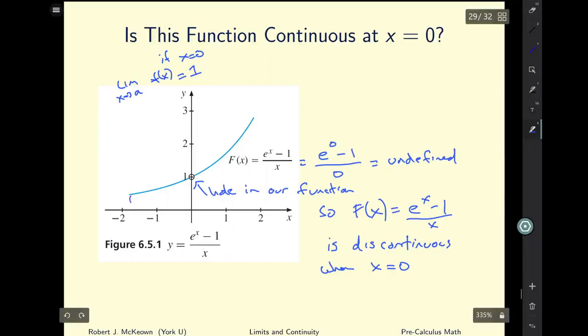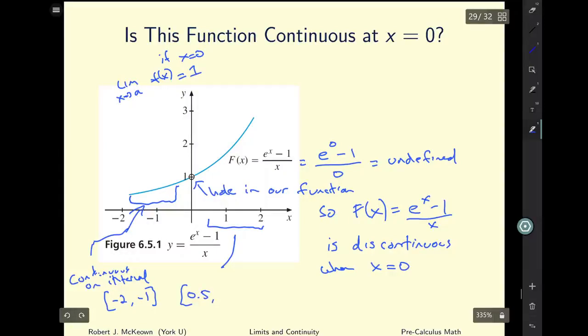If we look at other parts, we could say that, oh yes, this is continuous on the interval say -2, -1, and on the interval say 0.5 to 2. So the function is continuous in different spaces, but it is discontinuous when x is equal to 0.